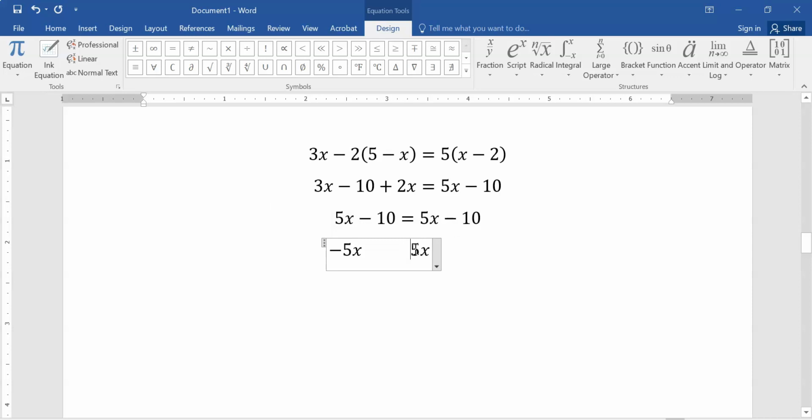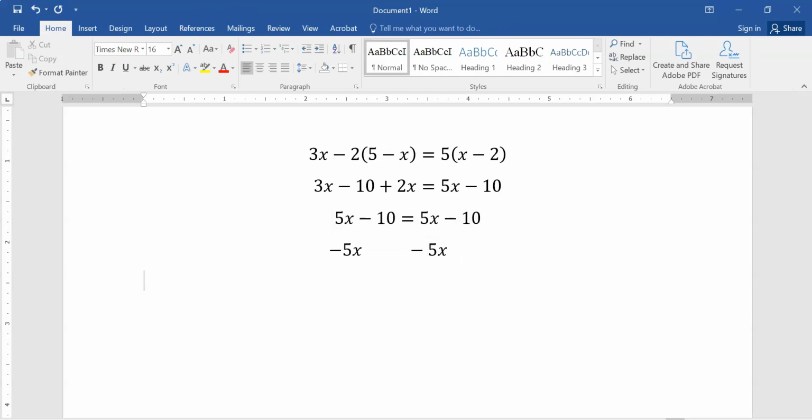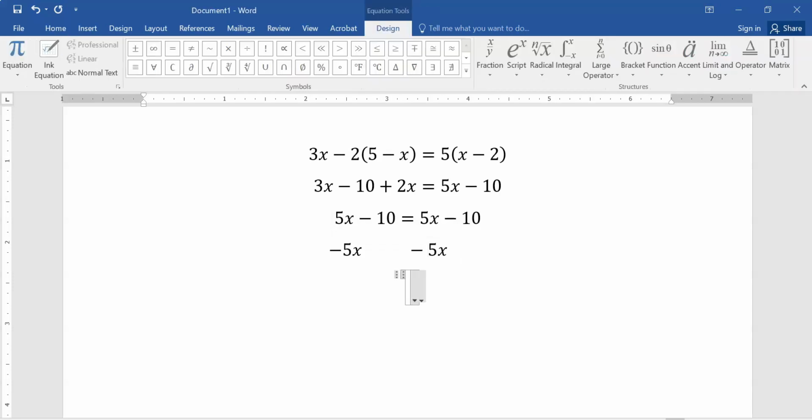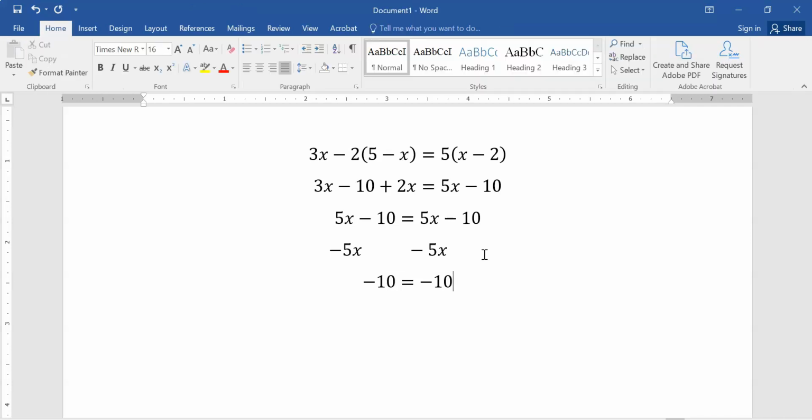In other words, by subtracting 5x from both sides, you end up with a statement that says negative 10 is equal to negative 10, which is obviously a true statement.